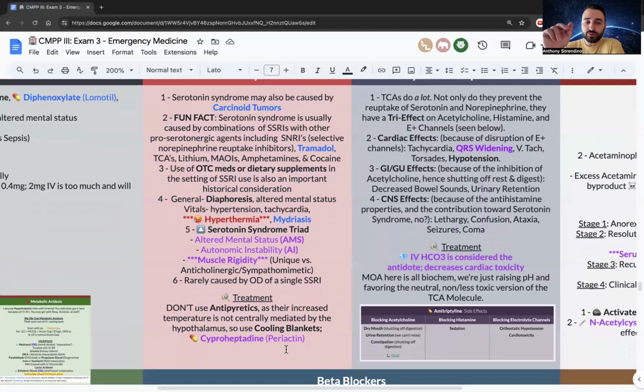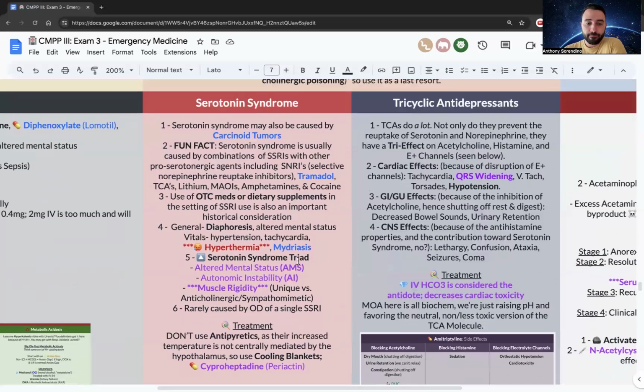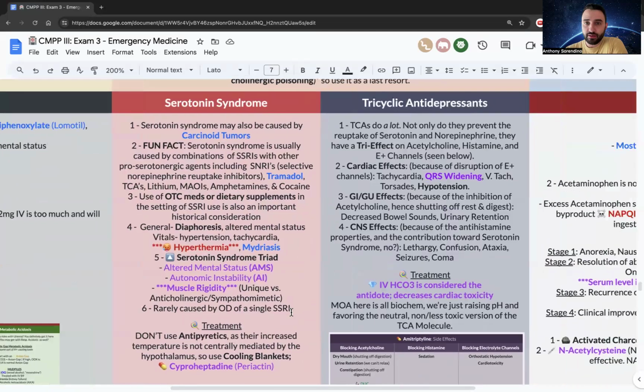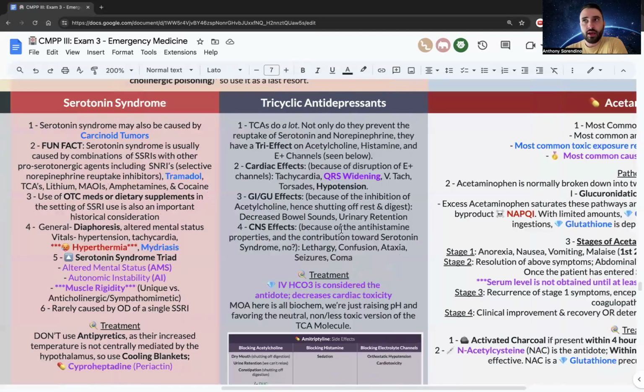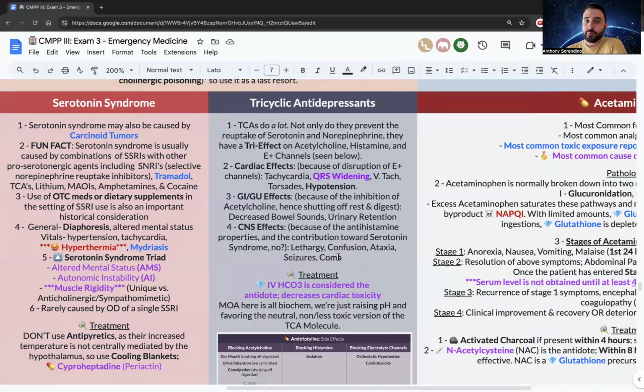You don't want to use antipyretics when the temperature is up like this because the problem is not centrally mediated. So you can use cooling blankets. And then the antidote you want to know here is cyproheptadine. So cyproheptadine. All right, tricyclic antidepressants. A lot of stuff going on here. I think you need to know the antidote is bicarb.